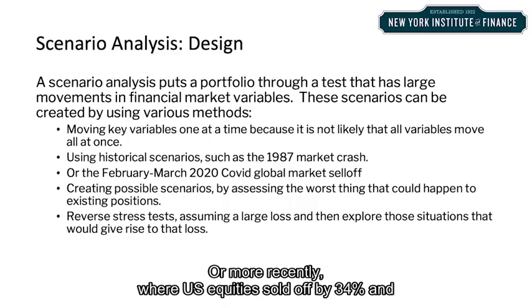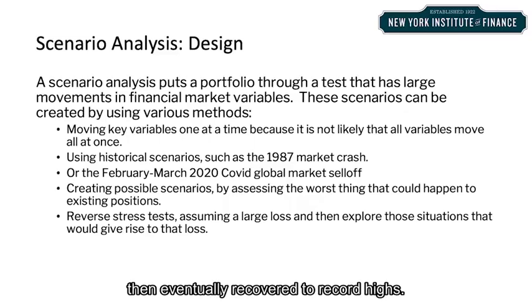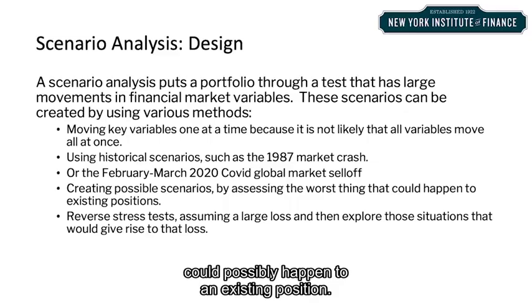Or more recently, where U.S. equities sold off by 34% in 4 weeks at the beginning of the COVID epidemic, and then eventually recovered to record highs. You can also create possible scenarios by trying to imagine the worst thing that could possibly happen to an existing position.